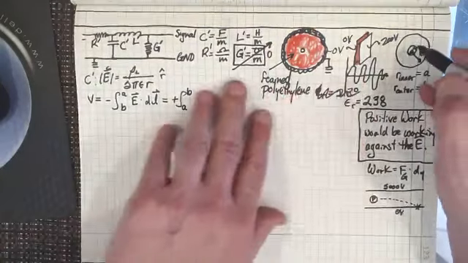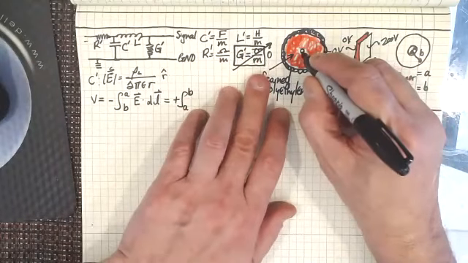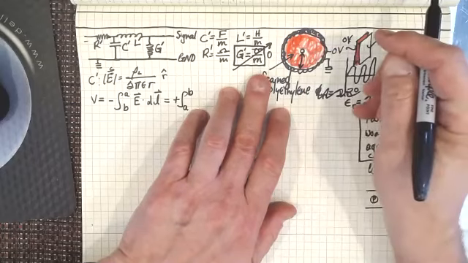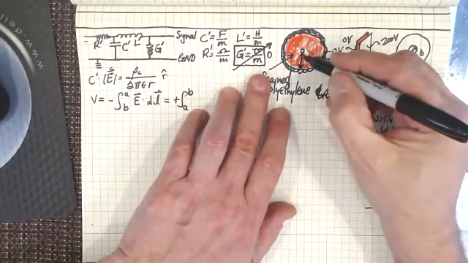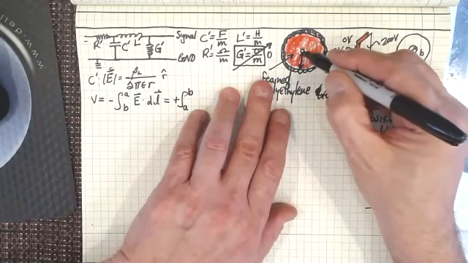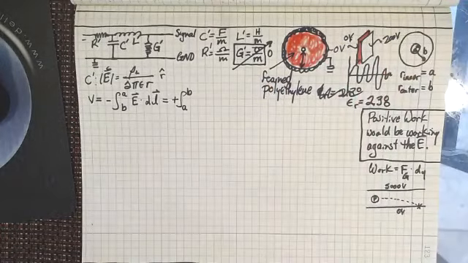Where are we really going? From the surface of A to B, I want to find the voltage between the inside wire and the outside wire. That's what I'm trying to do.